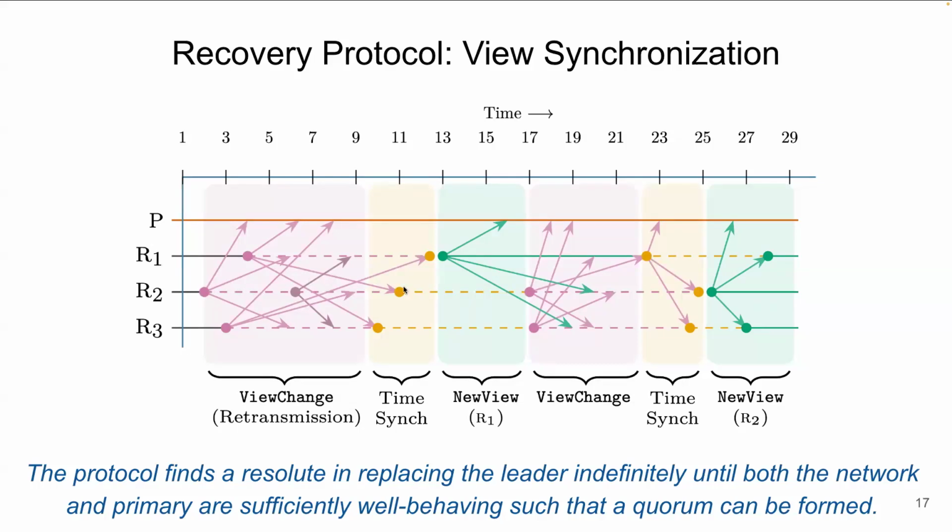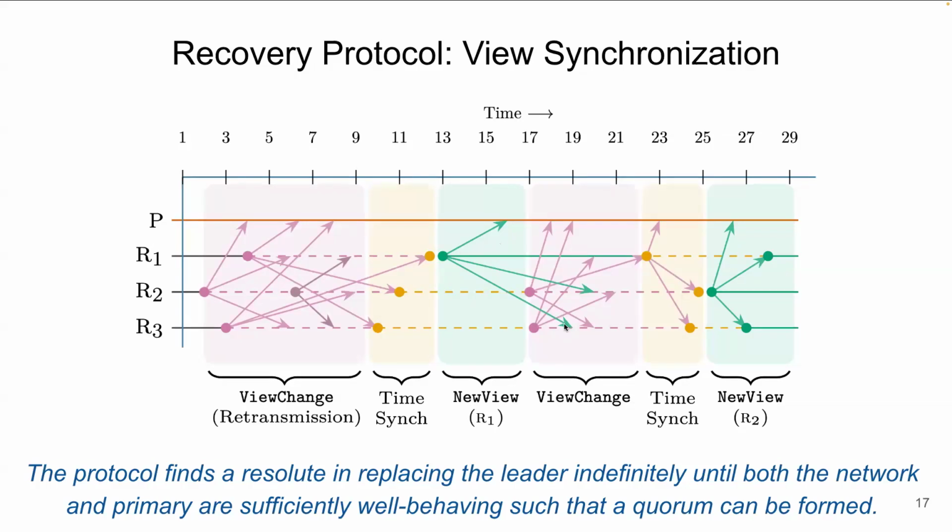It never got to the time synchrony, because let's say the message for this one arrived late, so it retransmits if it hasn't got the view synchronization. But eventually it gets enough view change messages, and at that point becomes synchronized. And now the new primary will propose the new view.